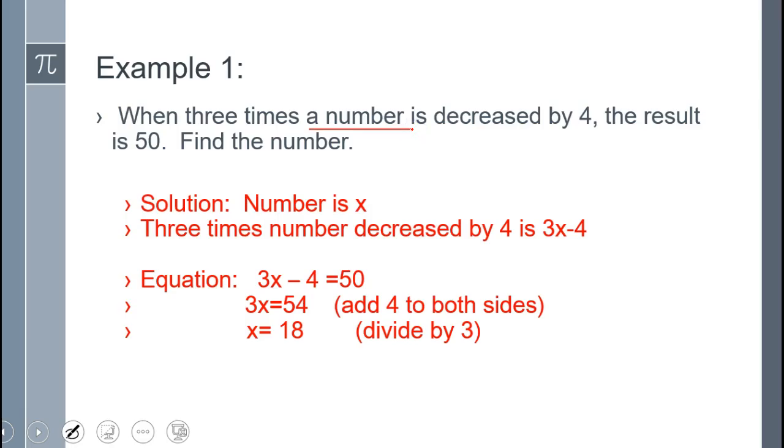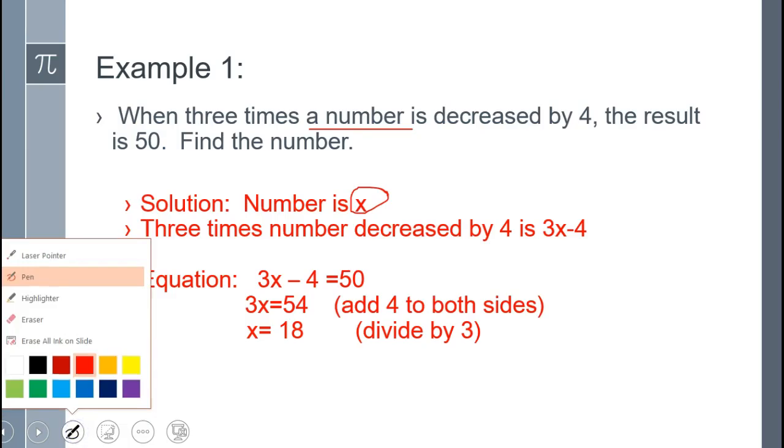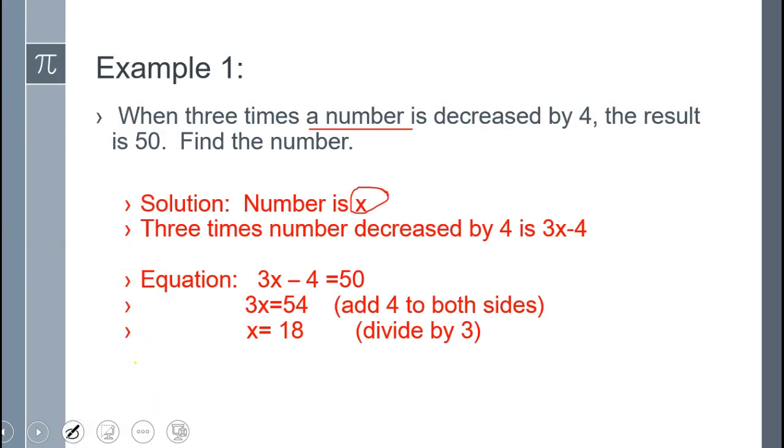I will call that number x. And then 3 times a number, so the number is now x. Decreased means subtract. 3 times means 3x, decreased by 4. That's where I get 3x minus 4.